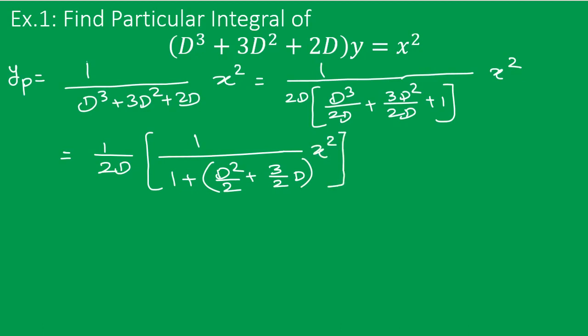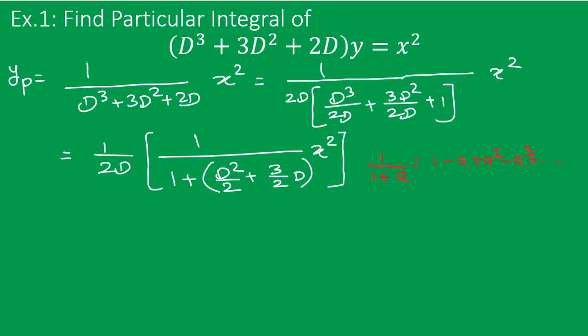Now we'll use this result, 1 upon 1 plus a, which is 1 minus a plus a square minus a cube and so on.